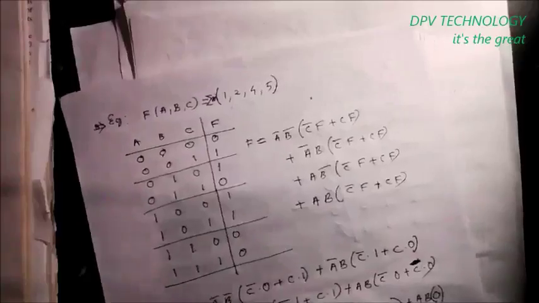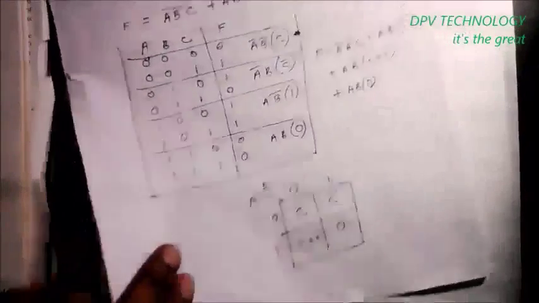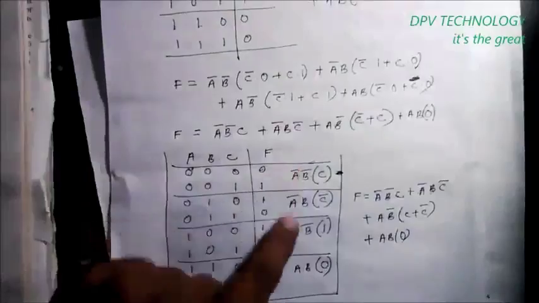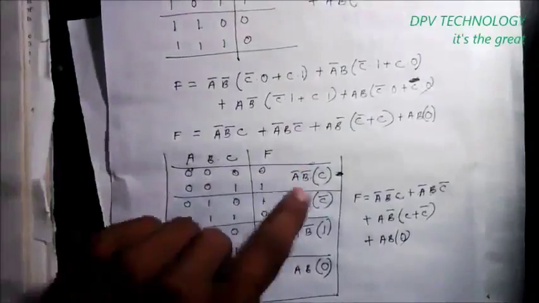So you can make the map from this example by this method also, or you can directly go to this. I am going to show you how to make it directly.